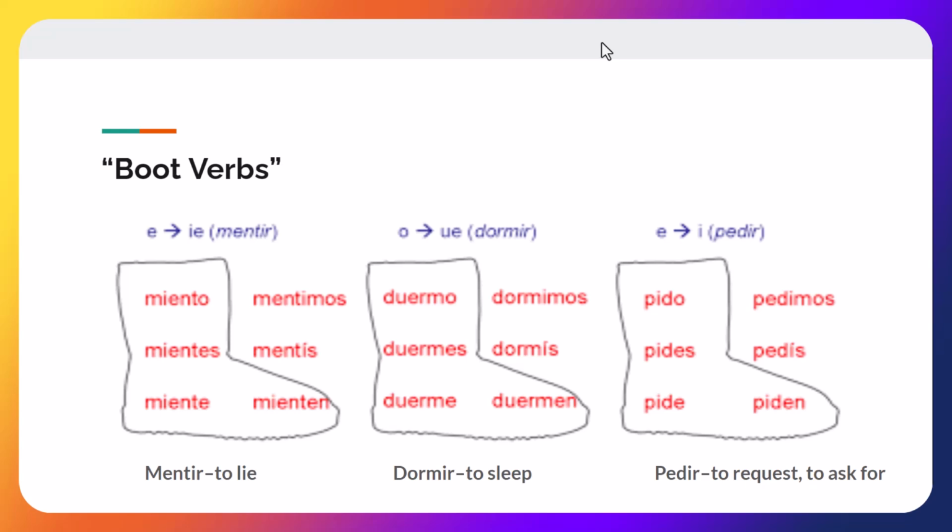So do keep that in mind. One other thing to keep in mind as we move forward, sometimes we're going to have verbs that have two E's in the stem. In that case, always stem change the second one, never the first one. So this is going to come up as we move forward.